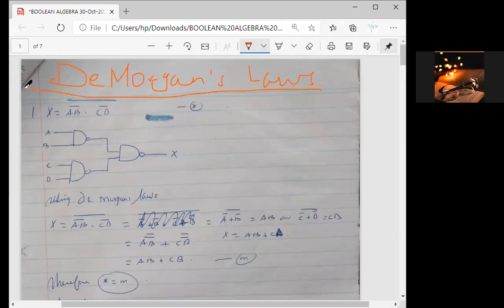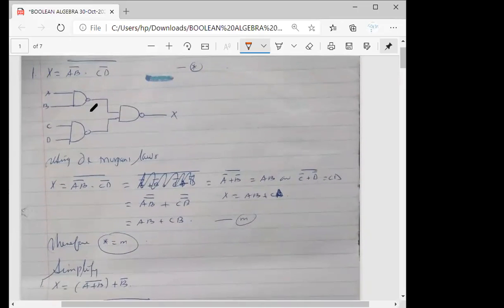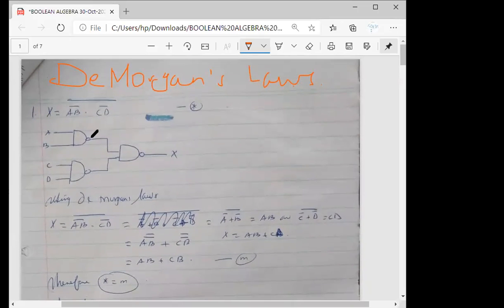So this question starts from these laws we're calling De Morgan's. We can answer the question using the laws of De Morgan and trying to construct the circuit that governs it.